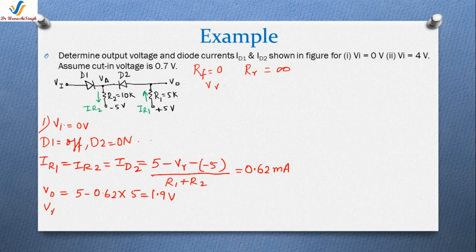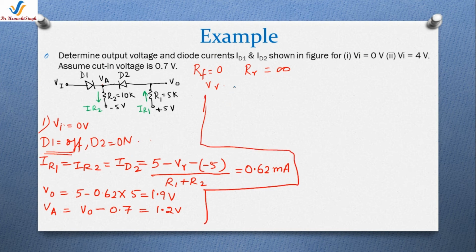This node voltage will be V output minus the cut-in voltage, that is 0.7, and it will be 1.2 volt. So if VA is 1.2 volt and V input is 0, it means our assumption is correct. D1 will be off and D2 will be on.